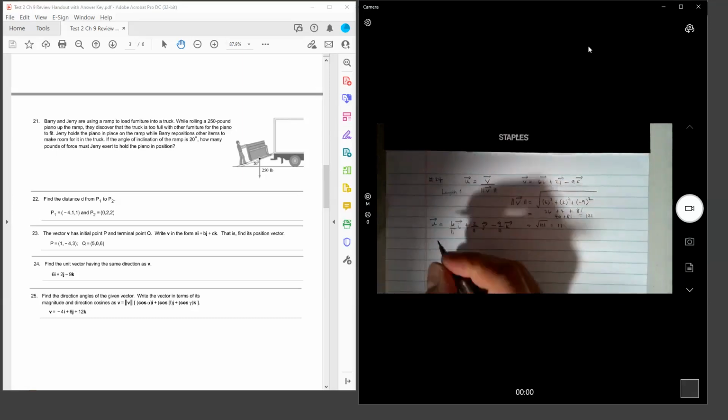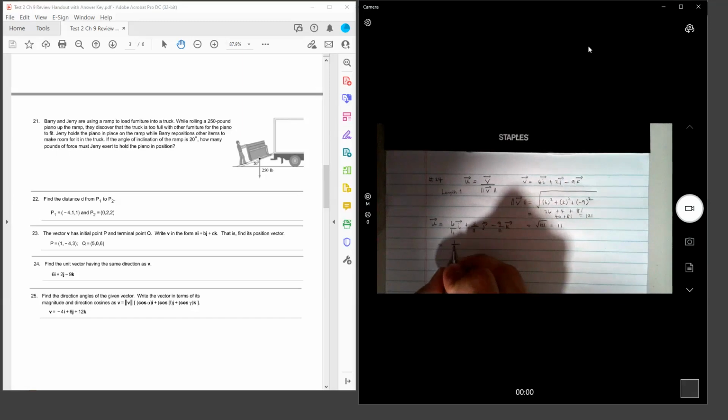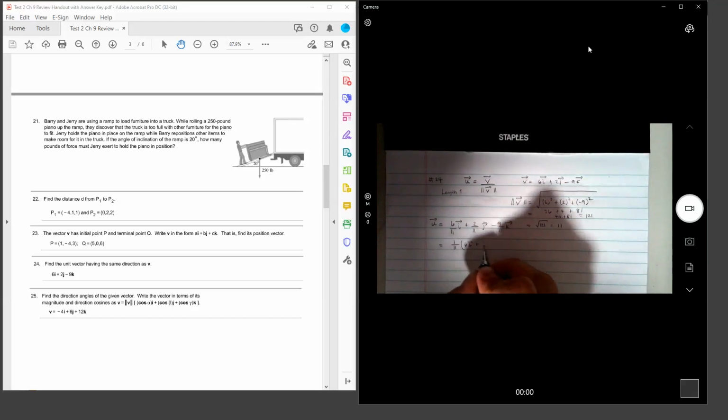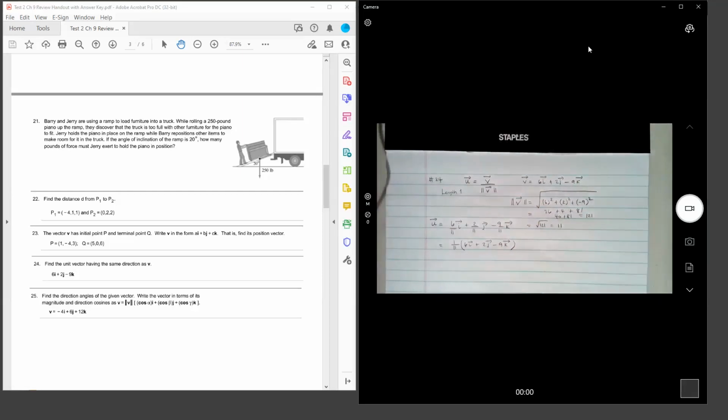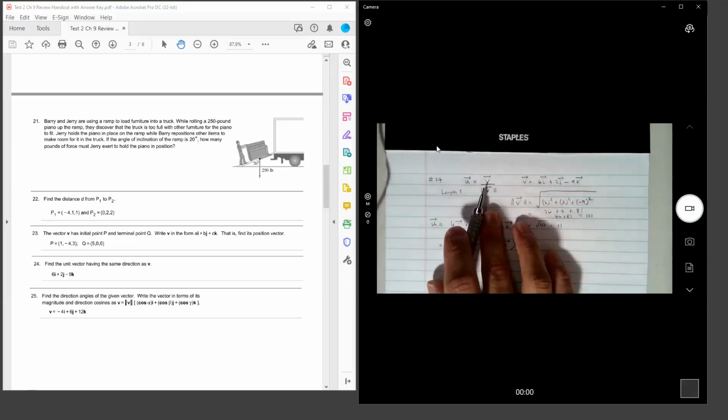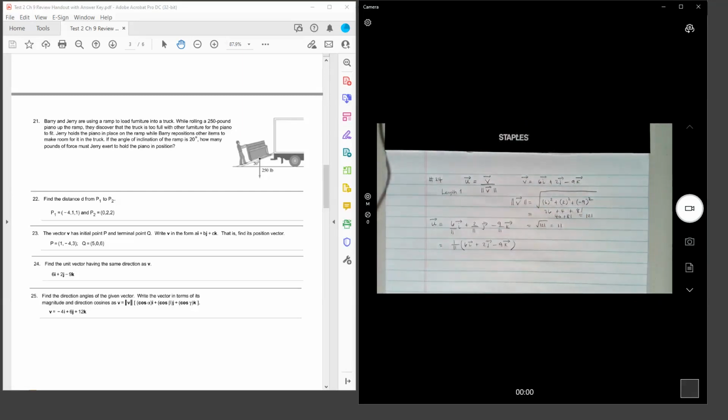Also, we could probably write this as 1 over 11 times 6i plus 2j minus 9k. I guess that could be an alternative way to write this vector u, a unit vector in the same direction as vector v, but has a length of 1.